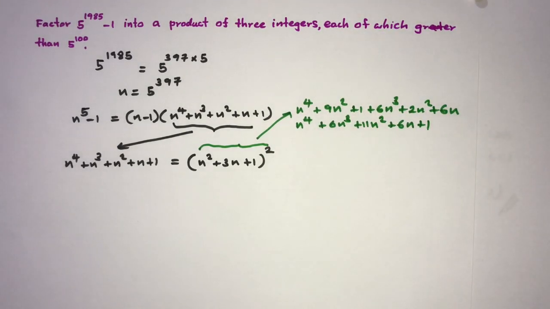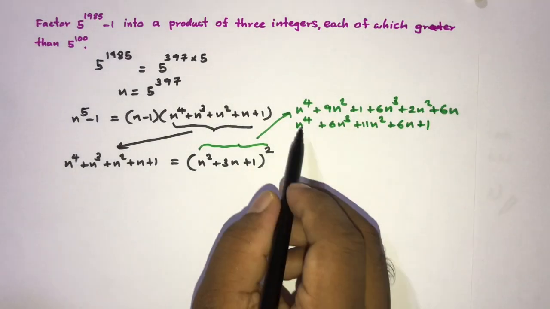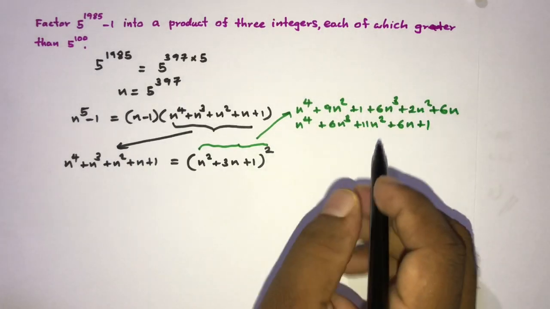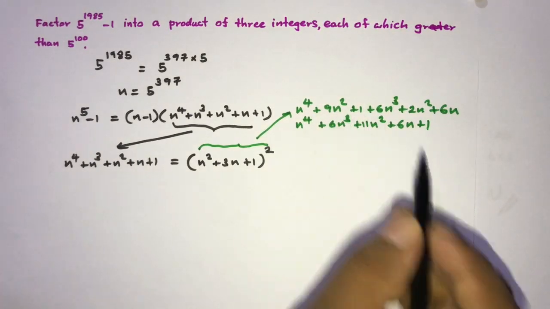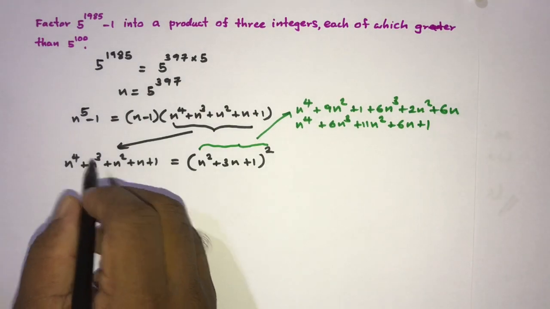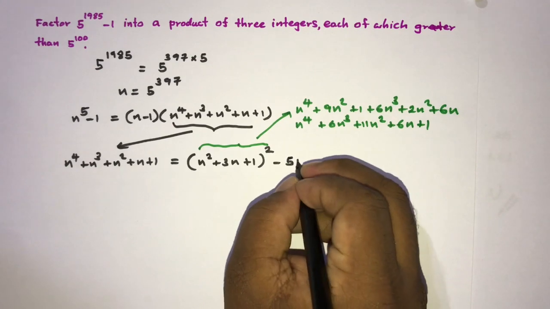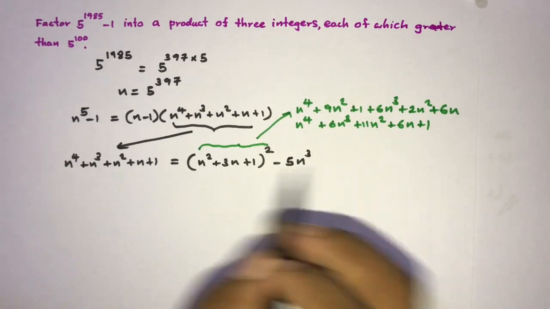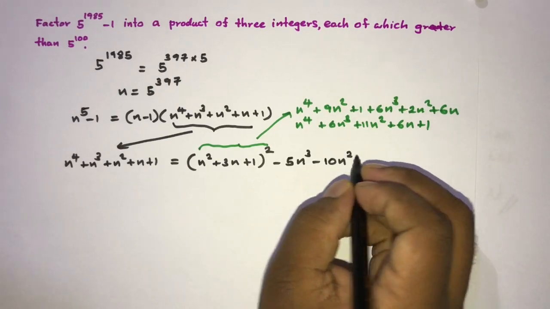Okay, then here we have n raised to the 4 power, here also n raised to the 4 power, so it's okay. If you look at the cube term, here 6 times n cube, but here we have n cube, so we should subtract 5 times n cube. Then here 11 times n square, but here n square, so we should subtract 10 times n square.